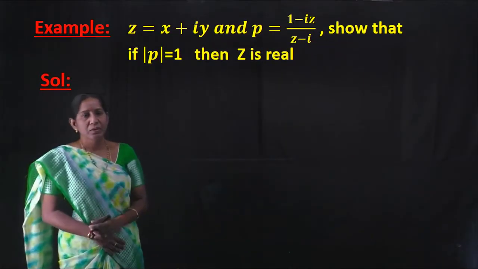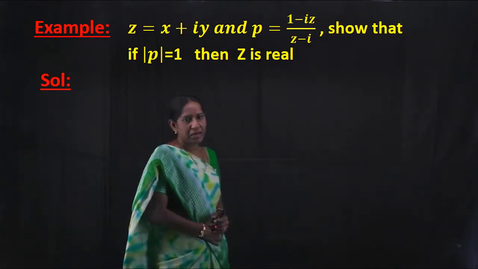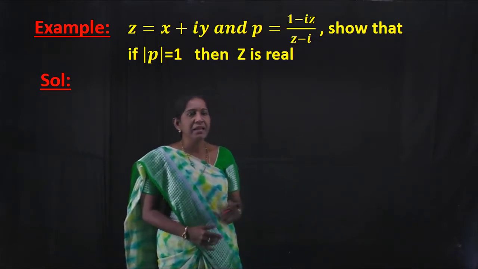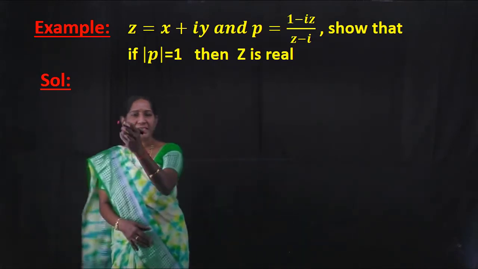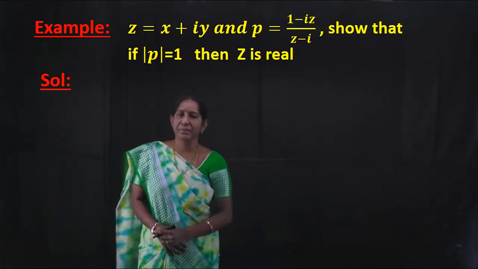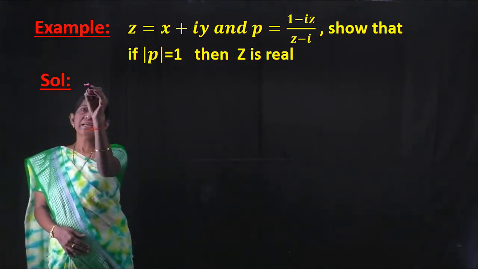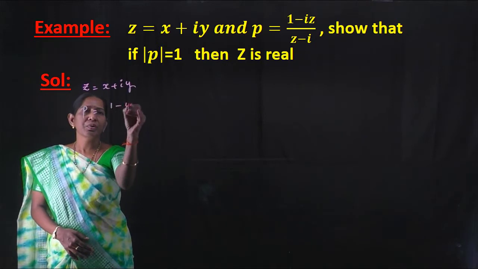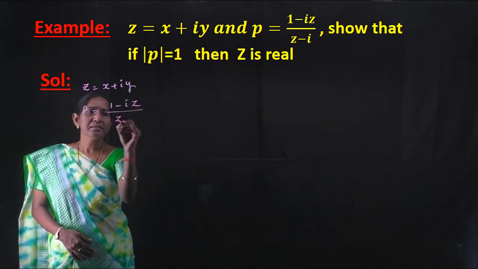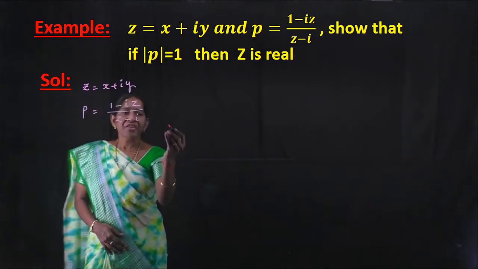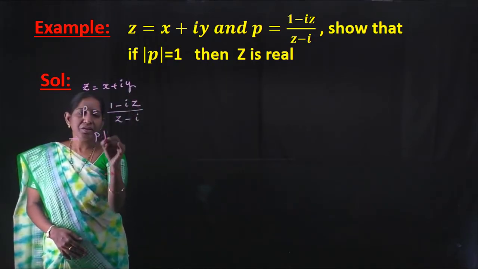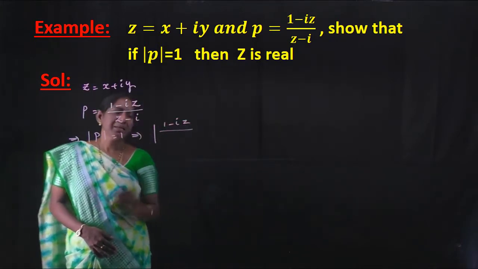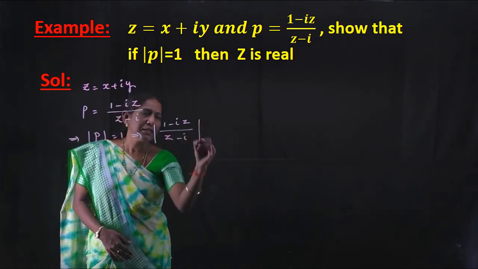See the example. Z is equal to x plus iy and P is equal to (1 minus iZ) by (Z minus i). Show that if mod P is equal to 1, then Z is real. Solution of this. Given Z is equal to x plus iy and P is equal to (1 minus iZ) by (Z minus i). If mod P is equal to 1, given condition, that implies modulus of (1 minus iZ) by (Z minus i) is equal to 1.